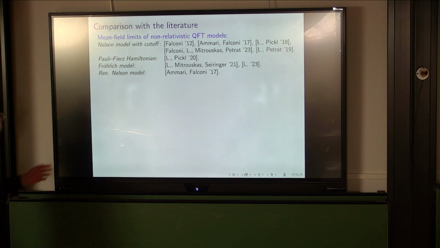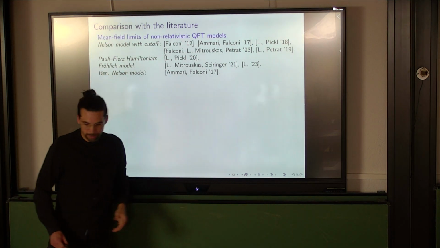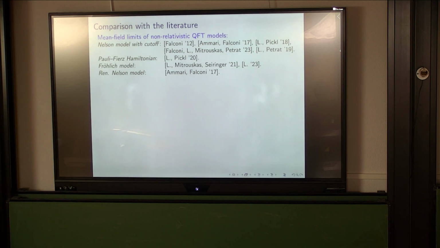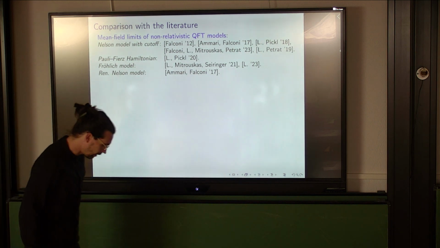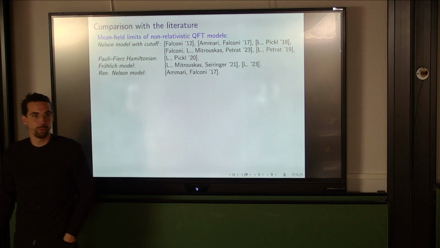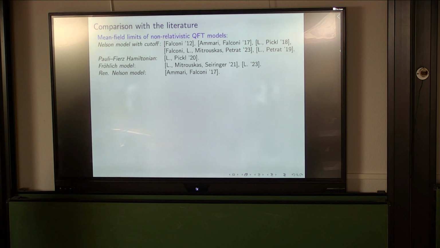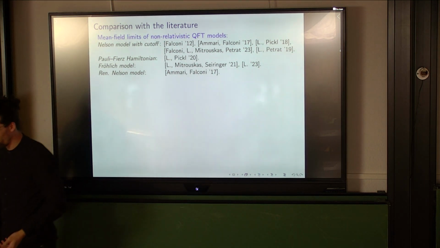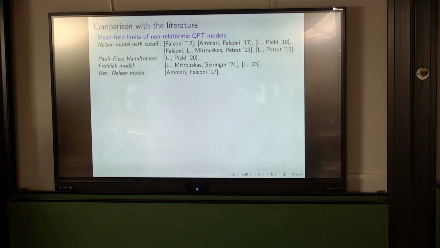But for the Fröhlich model, this means that the initial states must be in the operator domain of the Fröhlich Hamiltonian. And since only the form domain coincides for the Fröhlich model with the free domain, we incorporate, in a similar way as I described before, correlations onto initial product states.